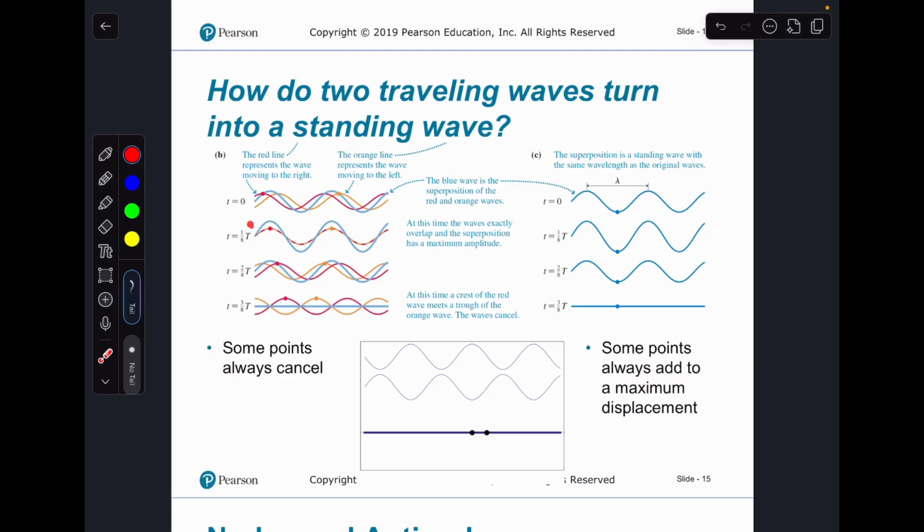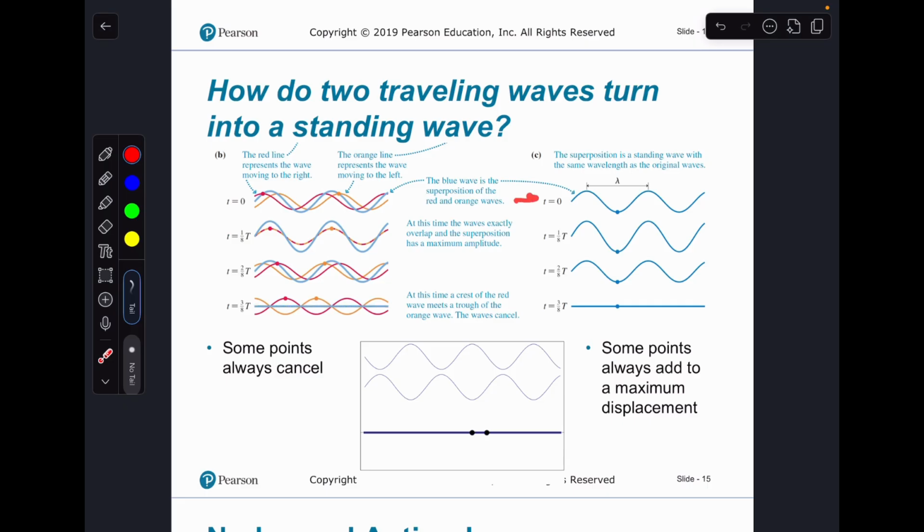At 1/8 of the period, you're going to have a very clear wave pattern, where those waves add together and create constructive interference. And then at other times, let's say at 3/8 of a period, you're going to have a moment where they actually all add up to 0, where you have destructive interference.